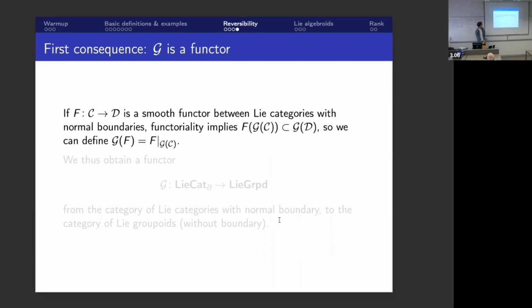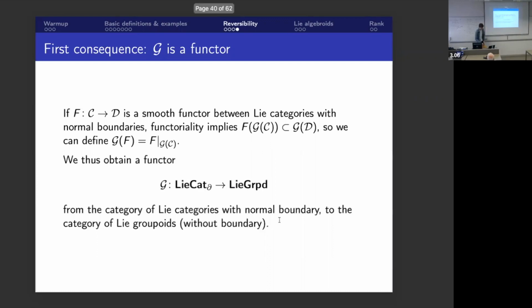And because this is a smooth manifold now, since we're restricting to Lie categories with a normal boundary, this is going to be a smooth map. And so we obtain a functor from the category of Lie categories with a normal boundary to the category of all Lie groupoids without boundary. So this is just a very simple corollary of this fact.